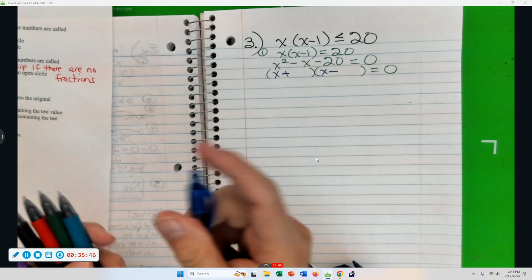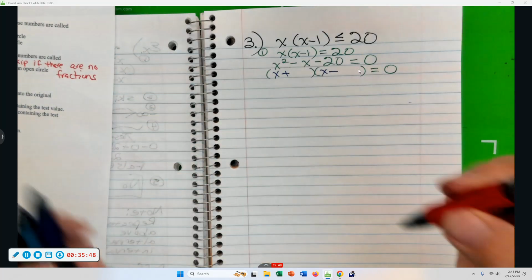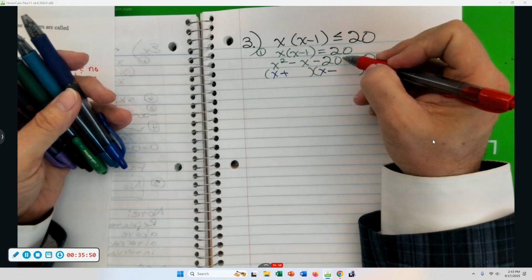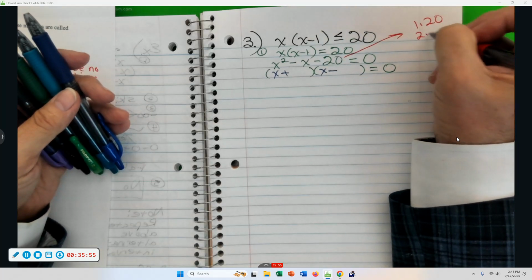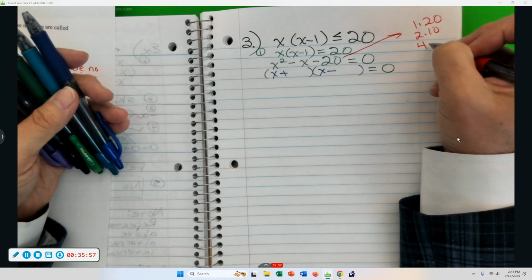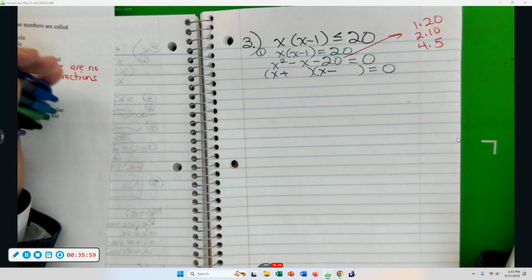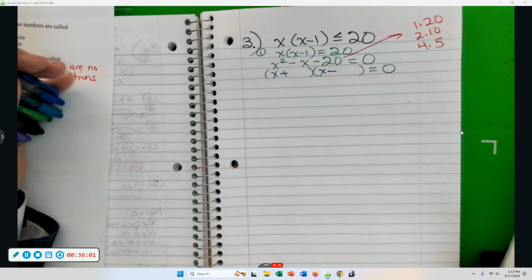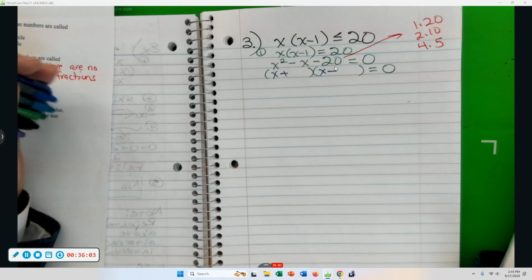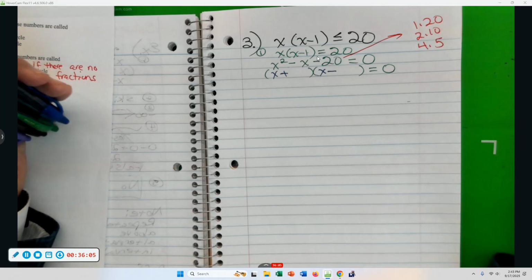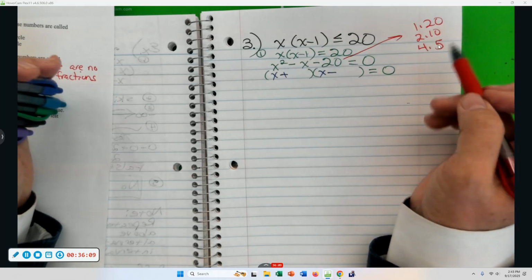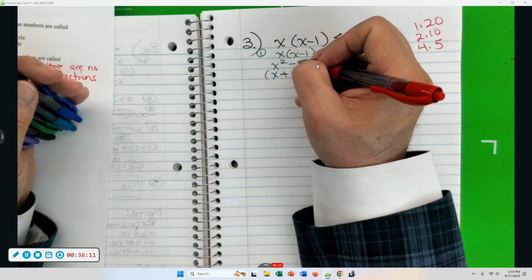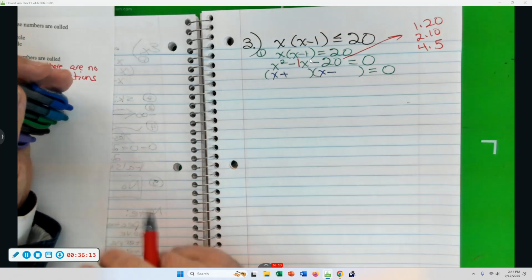Now for 20, 1 times 20, I guess I didn't need to write these out. 2 times 10, 4 times 5. Are there any other possibilities? No. Which one will we use? 4 times 5, because you need those numbers to add or subtract to give you that number there.